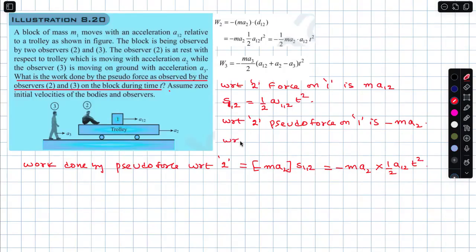With respect to 3, the pseudo force on 1 is minus m a3. Yes or no? Before that, first of all, one minute. The acceleration of 1 with respect to 3 is what you want. This is nothing but acceleration of 1 minus acceleration of 3. You know this.